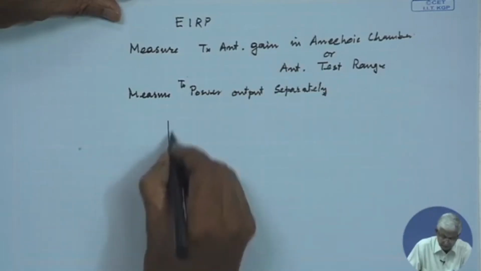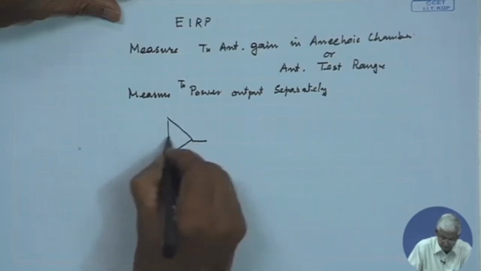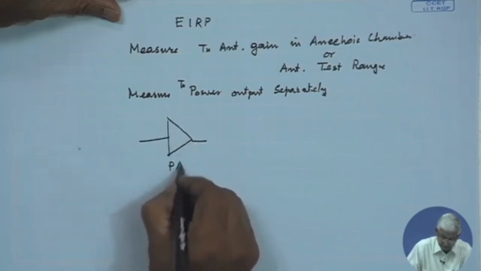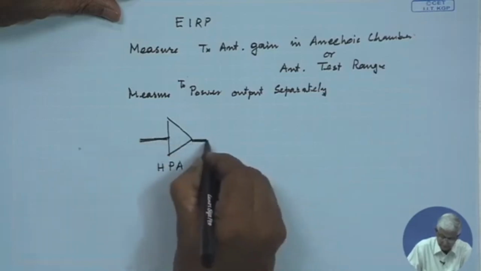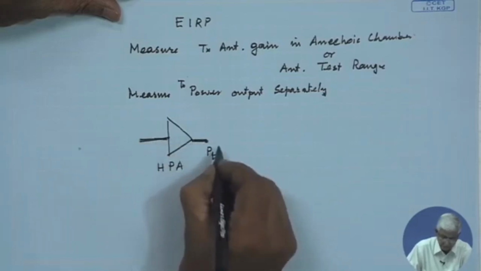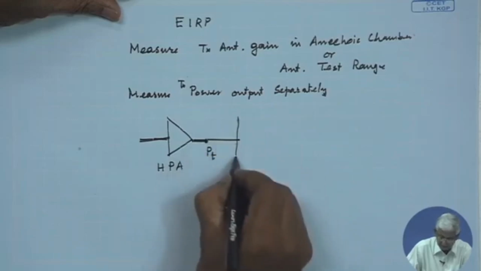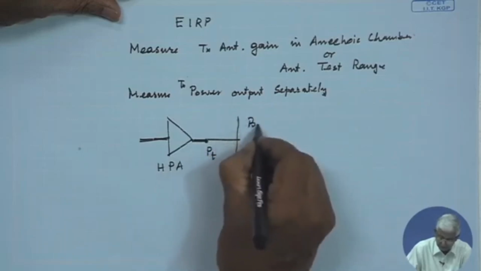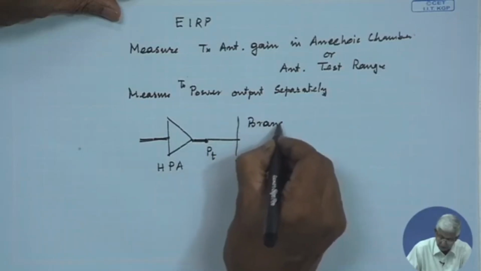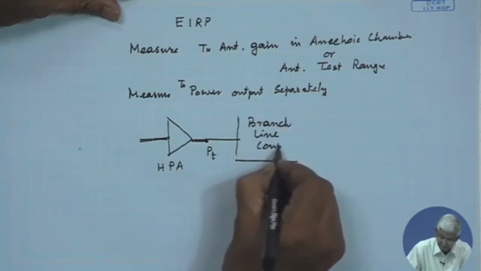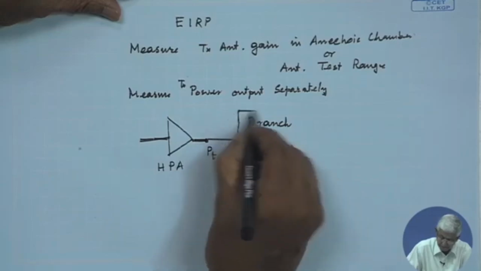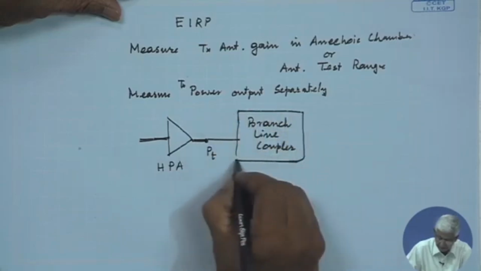Now, this is the power amplifier or high power amplifier. So, this is our PT. Now, that is passed through a directional coupler or branch line coupler, a high power coupler. So, what does the coupler do?